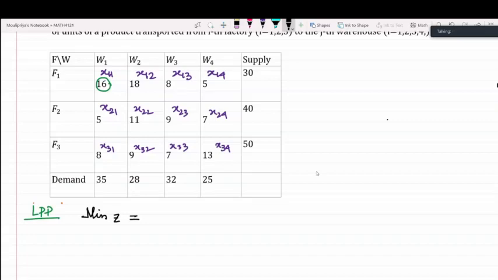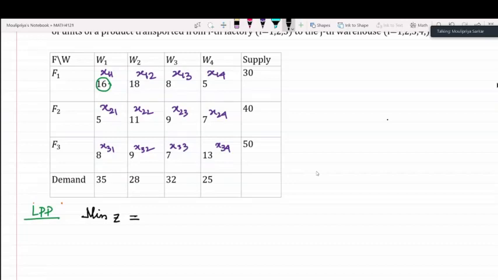What is this 16? 16 is the cost of transporting a unit product from F1 to W1. And x11 is the number of units that is transported.